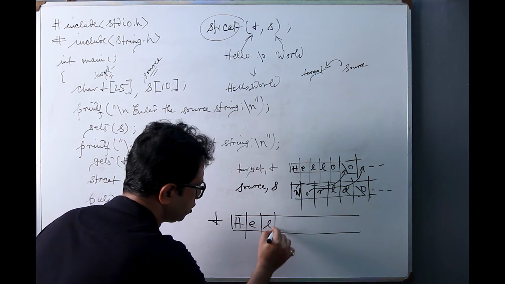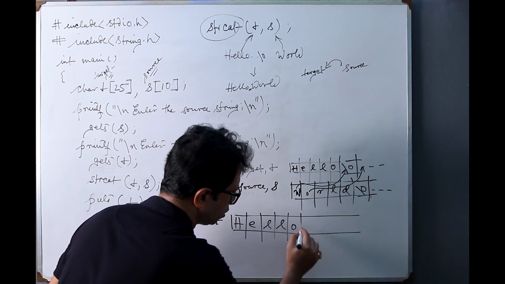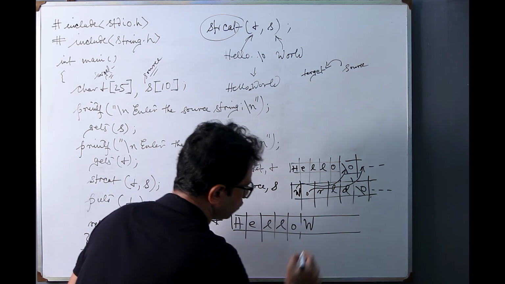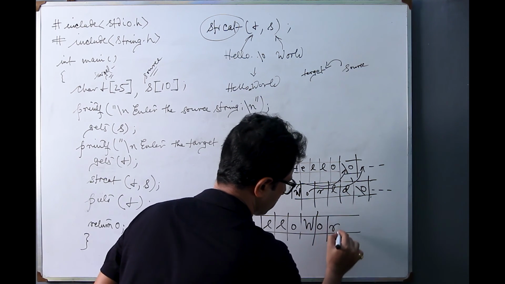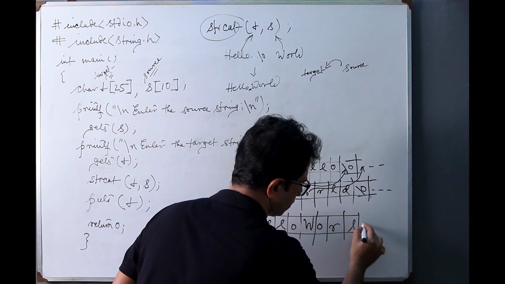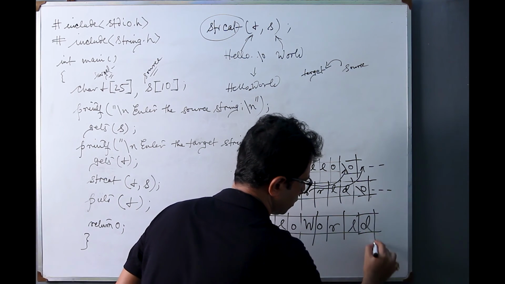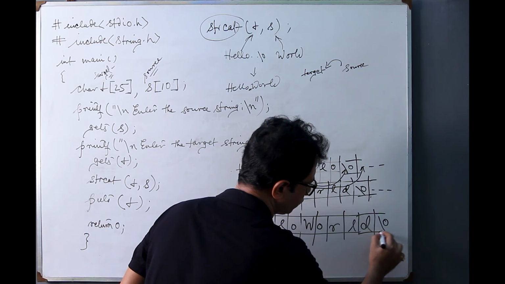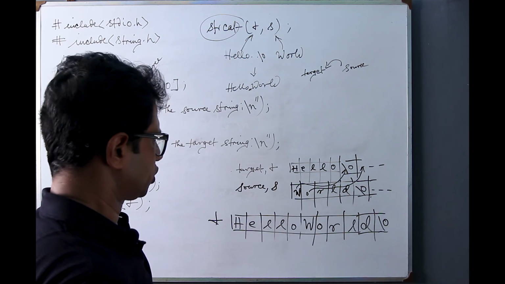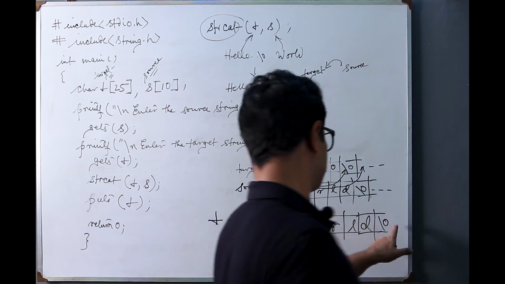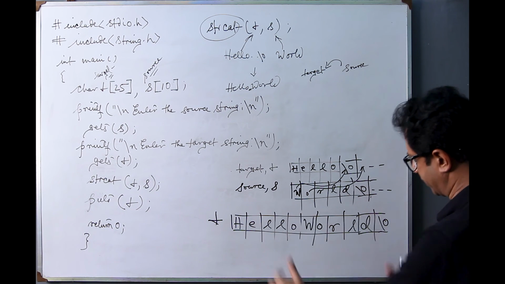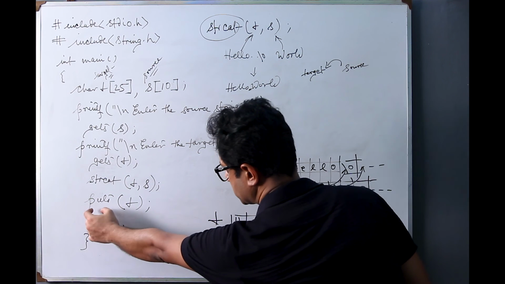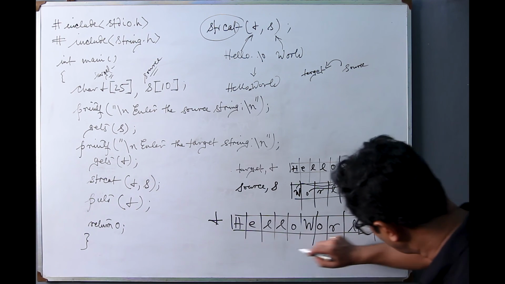Hello world. And automatically a null character will be inserted after the end of the concatenated string. So if we just write this puts T, this hello world will be printed.